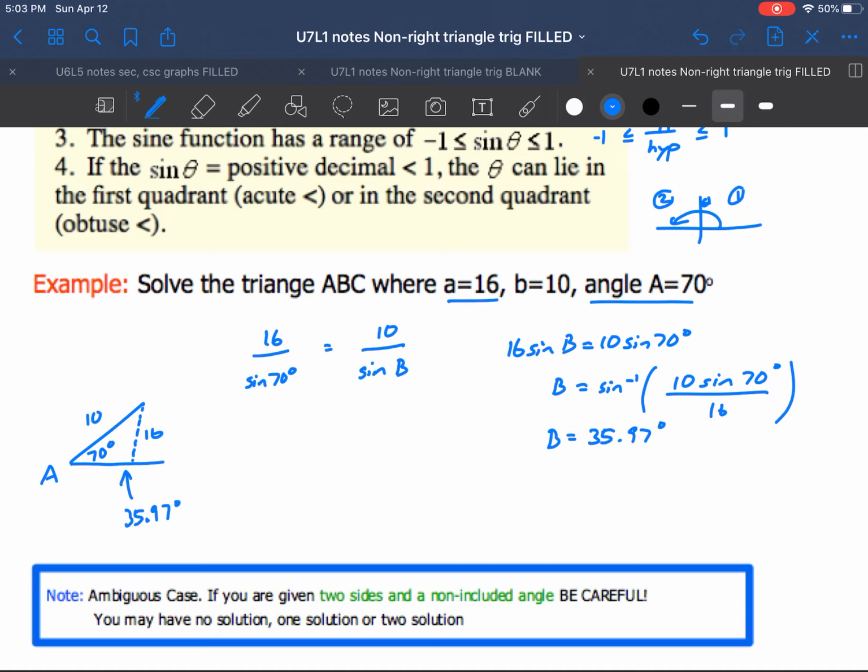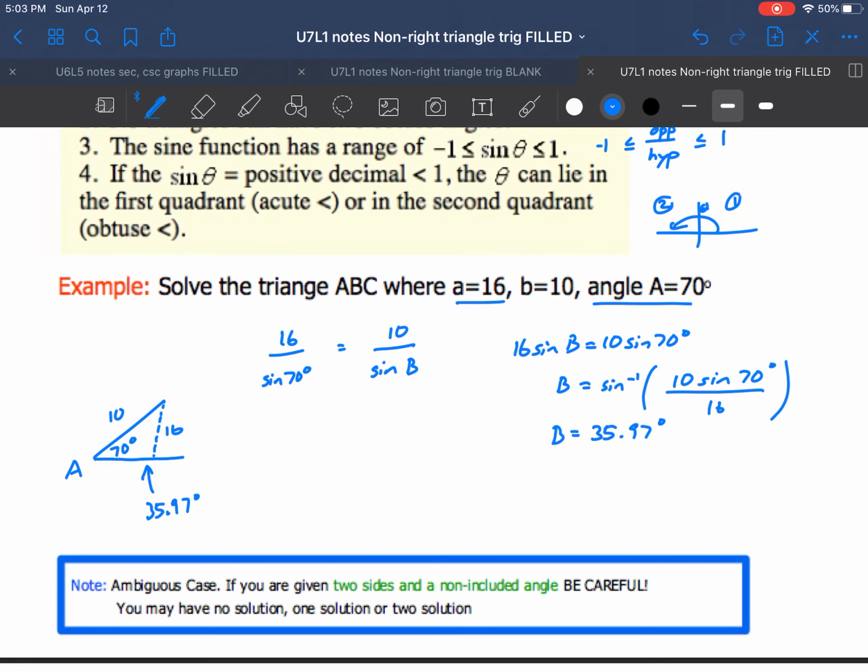If that's the case, let's draw that out. That means it's kind of a small angle, right? So it's like that. This is 70. This is 35.97. This is 10.